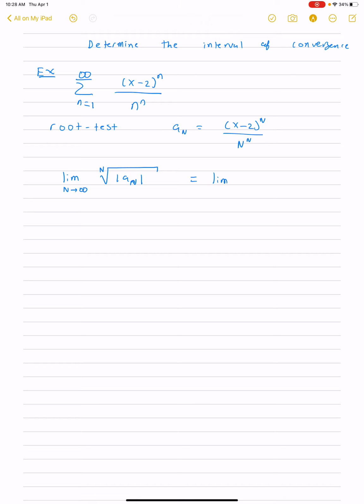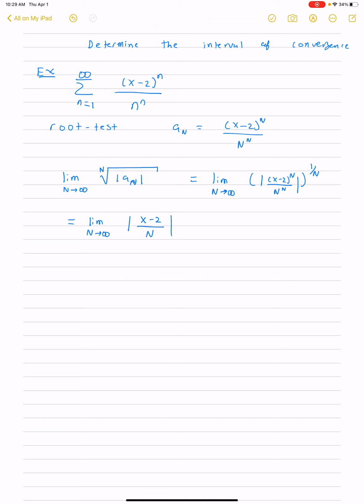Instead of having the nth root written that way, I'm going to put it to the 1 over n power: the absolute value of (x minus 2) to the n divided by n to the n power. Using properties of exponents, I'm left with the absolute value of x minus 2 divided by n.